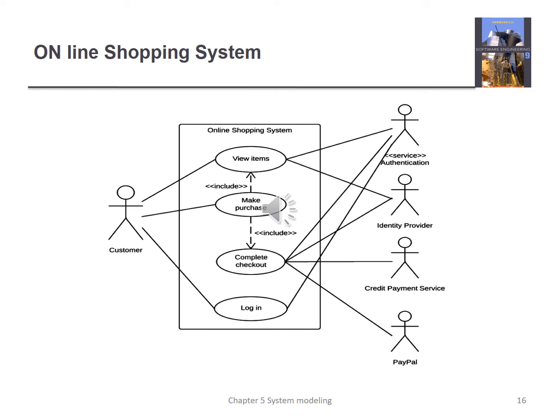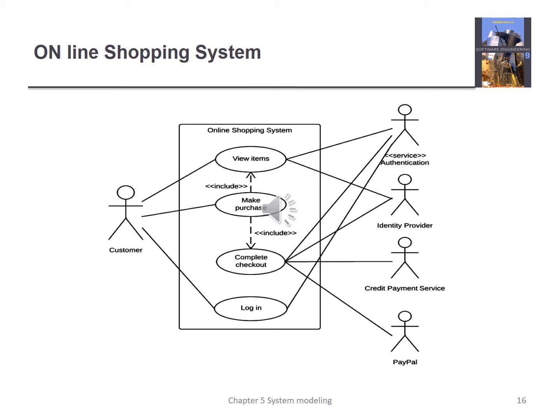The use case is a horizontally shaped oval that represents the different uses that a user might have. In this case, you look at that one, there is a view, there is make a purchase, there is a login. Those are the uses of a customer.